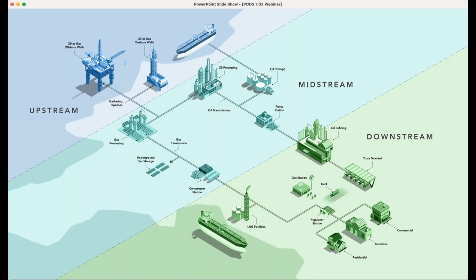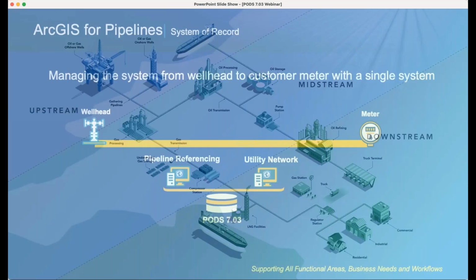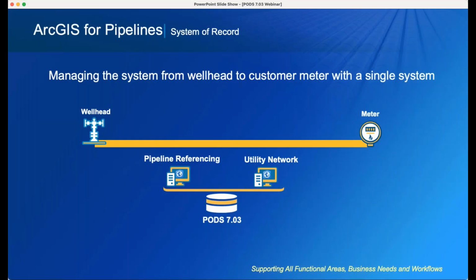So when we set up this idea, we wanted to be able to model the complete supply chain from the wellhead to the meter tip, everything in between, with a single PODS data model, right? That was the goal. And so how did we do that? Well, if we want to model everything in between and we want to put it in a single database, we really need two editing tools that work together to be able to do that.